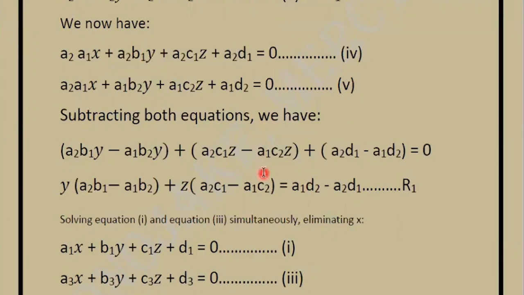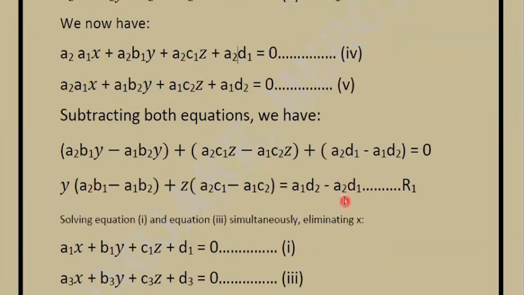And of course, subtracting, so we take the coefficient of y here minus the coefficient of y here, and that goes on and on. Seeing that after subtracting we have the same like term in each bracket, it's needful that we factorize them out.